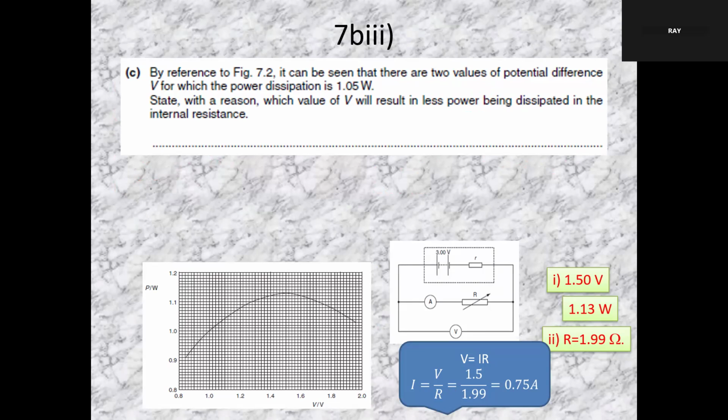By reference to figure 7.2, it can be seen that there are two values of potential difference V for which the power dissipation is 1.05. That is around here. State with reason which value of V will result in less power being dissipated in the internal resistance.